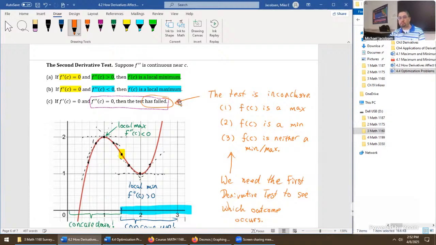So already, probably the second derivative test doesn't seem so nice, right? It looks complicated. You need a critical number. Then you feed it into the second derivative, and whatever the sign is, take a type of opposite conclusion. And it can become inconclusive where you need a first derivative test to fully resolve this.